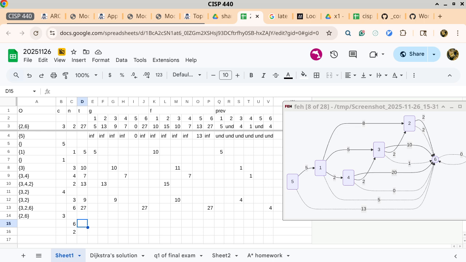So what is the length of the path from the start vertex to vertex 3, and then from vertex 3 to vertex 6 through an edge? So to get to vertex 3, the length of the current shortest known path is a 9. And then to go from vertex 3 to vertex 6, that edge has a distance of 10.